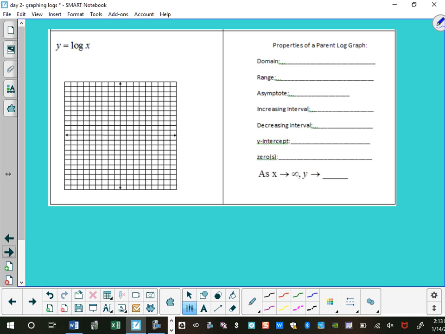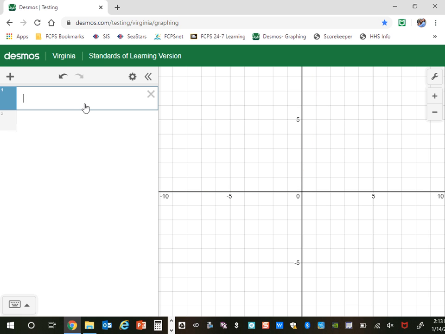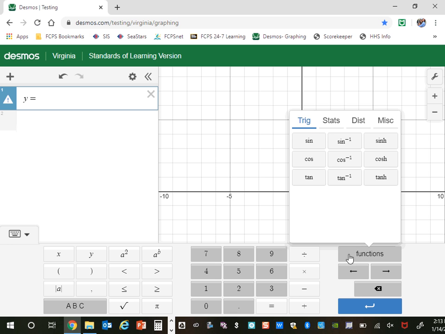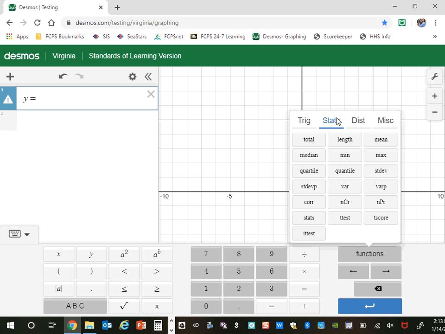For your log, let's go to Desmos. I haven't done a log graph in Desmos yet, so let's all do it together. I have y equals. Your log is probably going to be in a function. Don't just type in the word log; I don't know if that works or not.